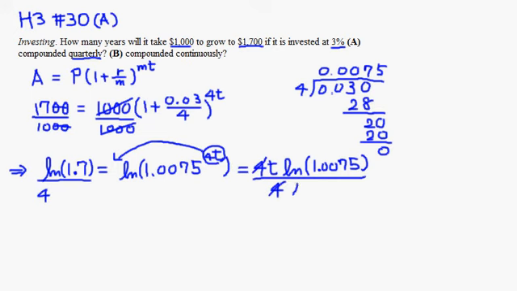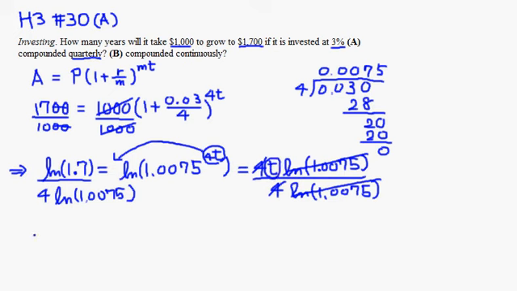Then we divide both sides by natural log of 1.0075, and this way you can cancel natural log of 1.0075. Now t is isolated, so we just have to find a value.